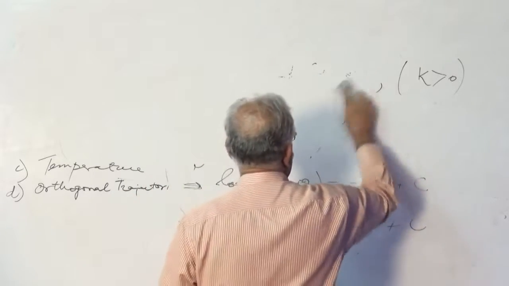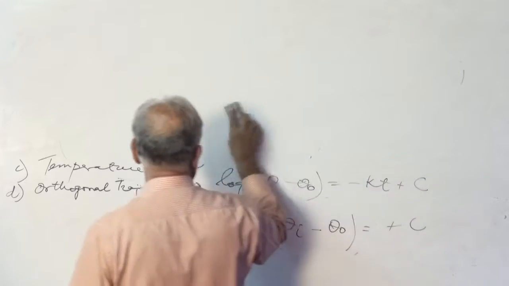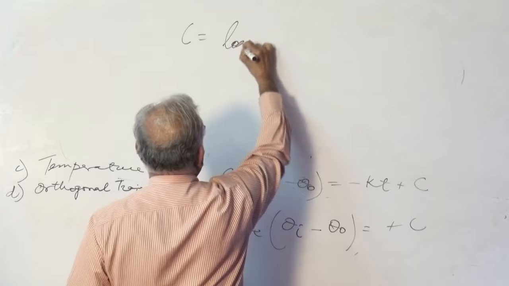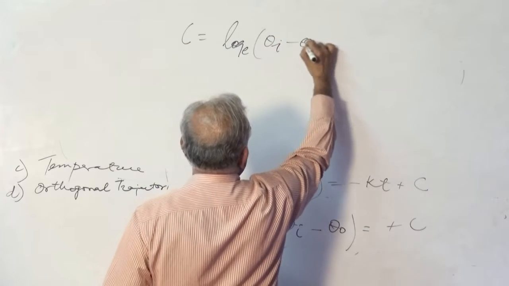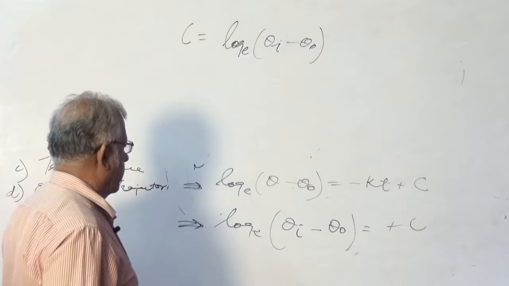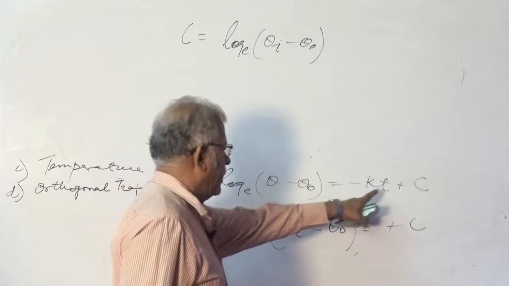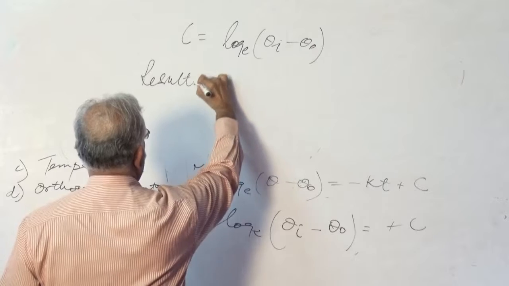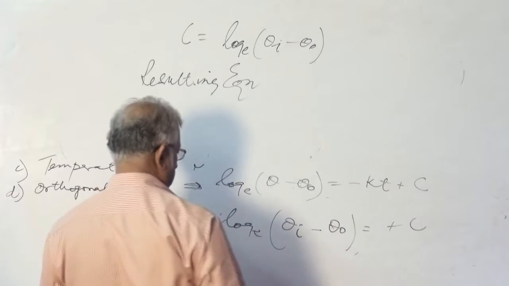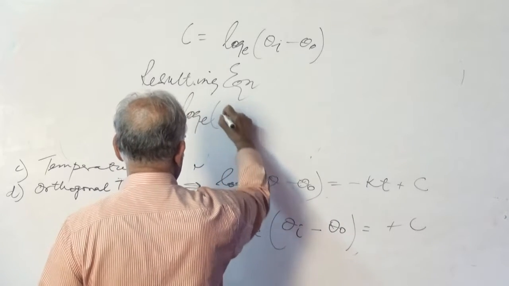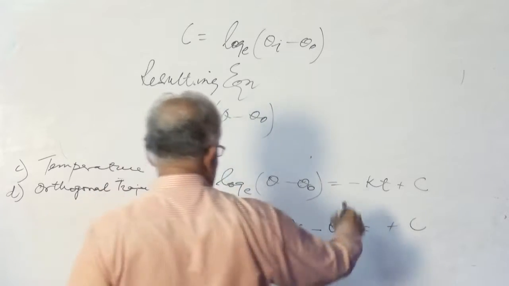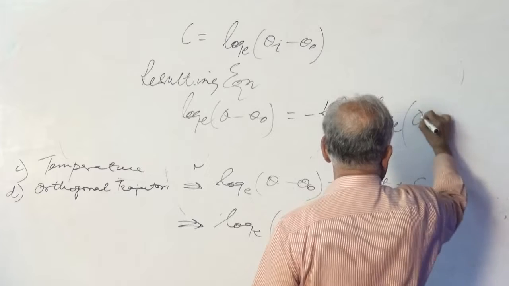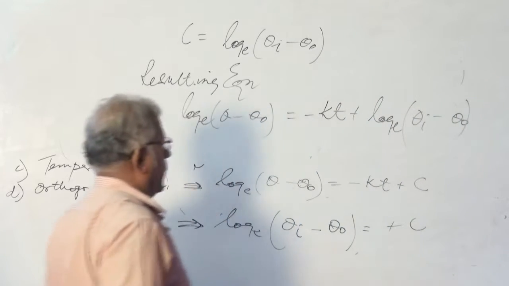So our equation becomes log e of theta minus theta naught is minus kt plus this constant. That's it.